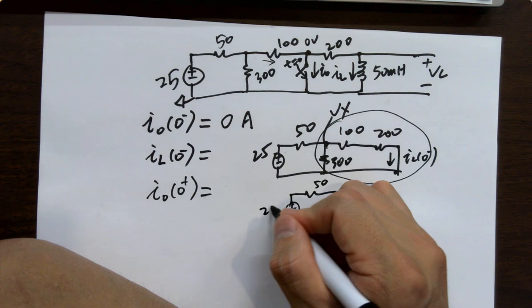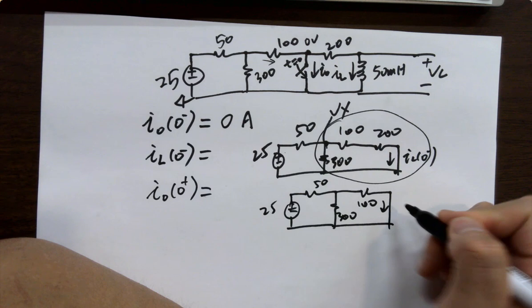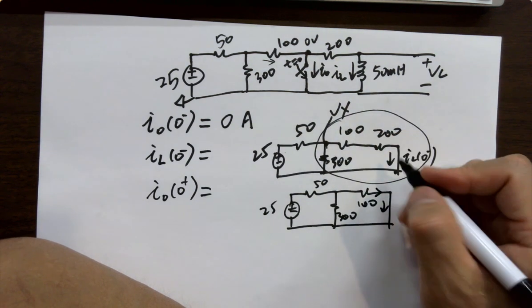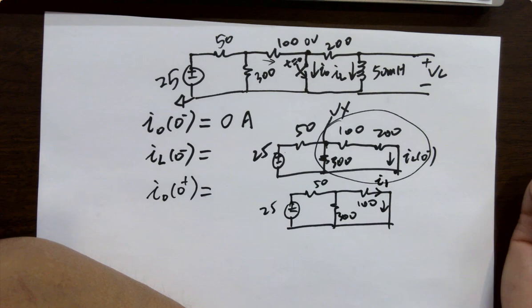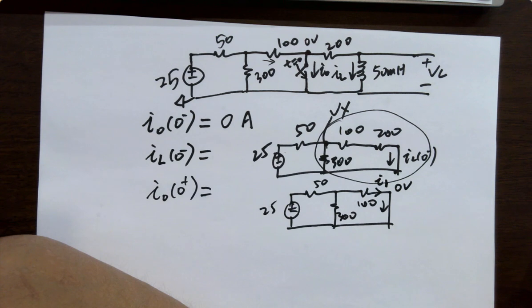It's basically this circuit. Can I find the current here? But you know, this will probably be affected by this guy. But can you find the current here first? Let's say I1. 0 volts. How?